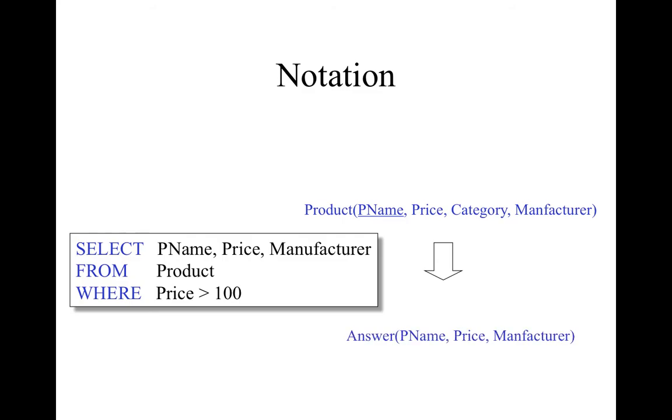Now, typically when you're looking at this, you're going to need to understand how to properly notate your answers. So if I'm looking at, again, product on the outside of the brackets and then the primary key, you will be looking at the same component when looking at what the answer would show.